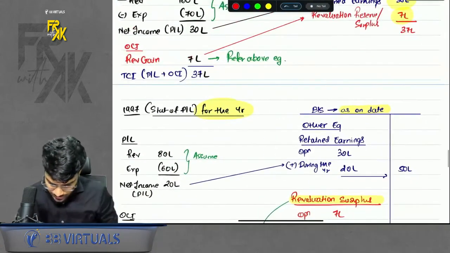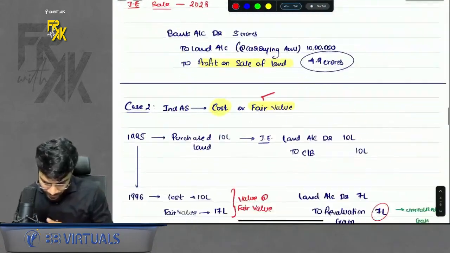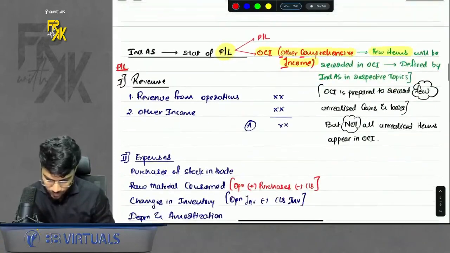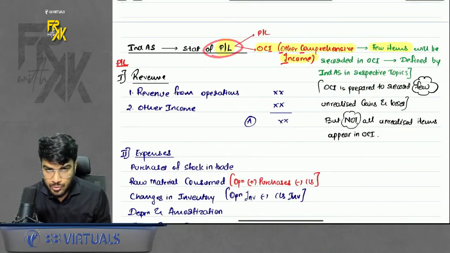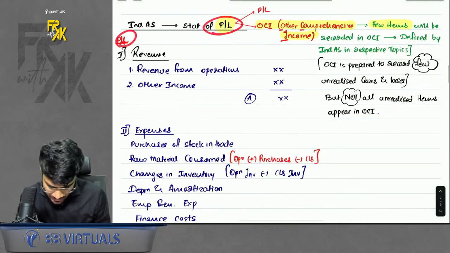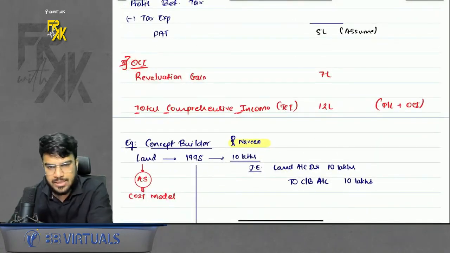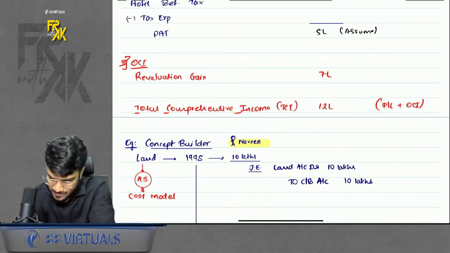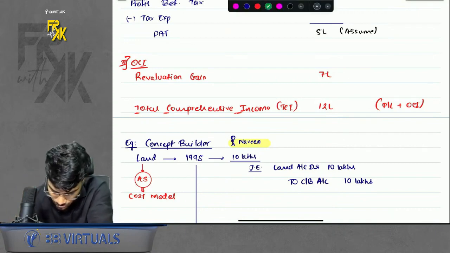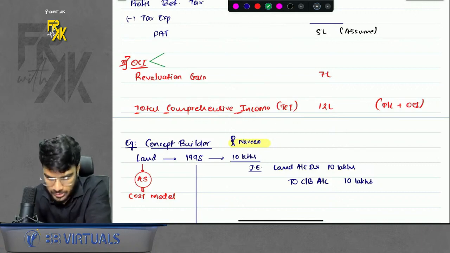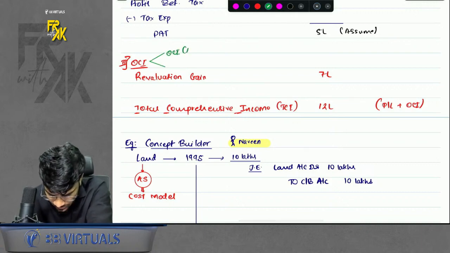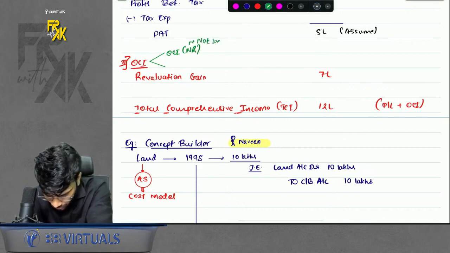So, what we can do is, come to our format where we had given the format of profit and loss, right? Under profit and loss, we mentioned PNL and OCI, right? Whatever I'm writing, just copy it down. This will help you for future reference. Just put two arrows against OCI. One will be OCI NR, you can write the full form also, not to be reclassified.